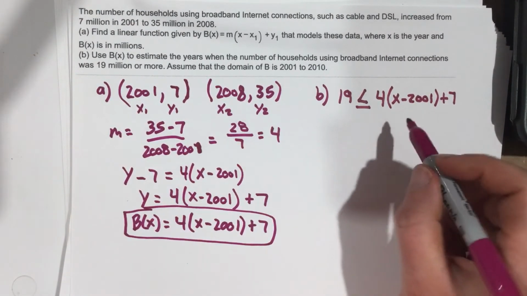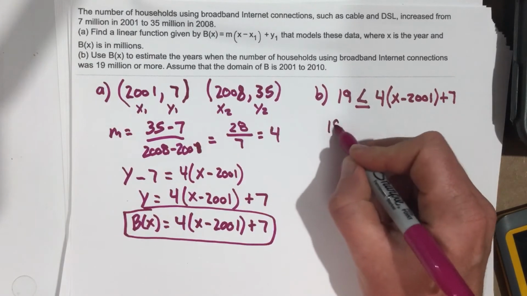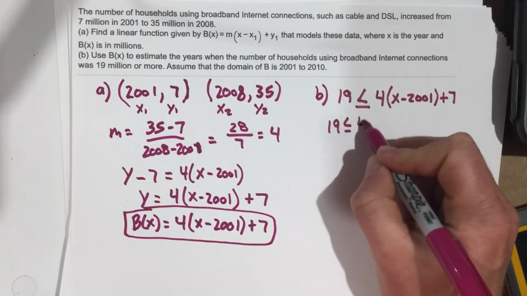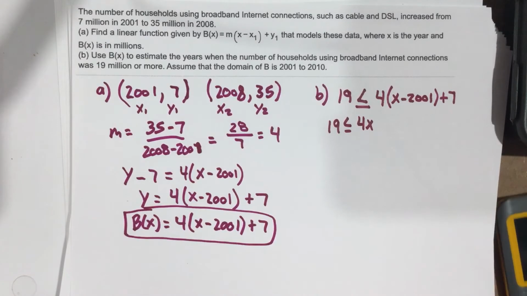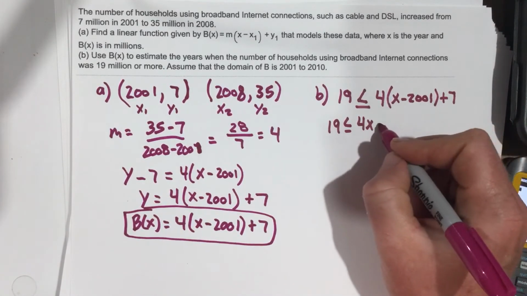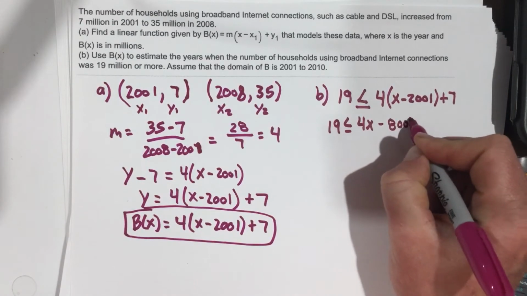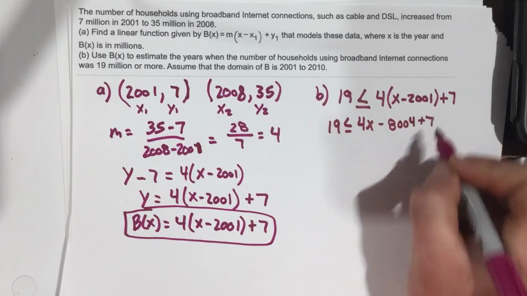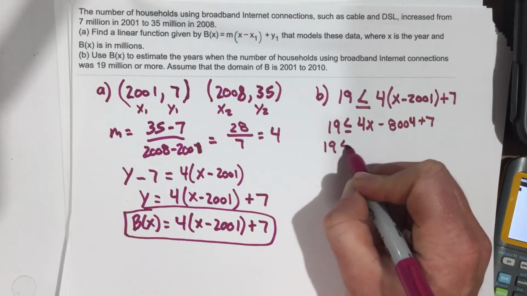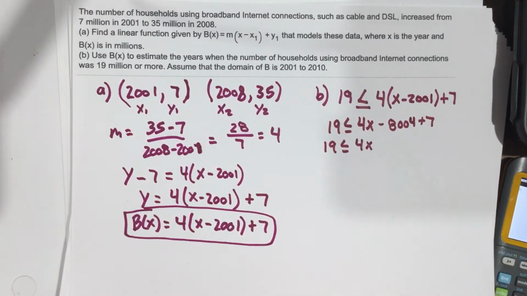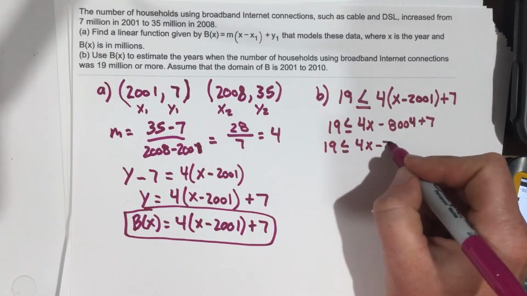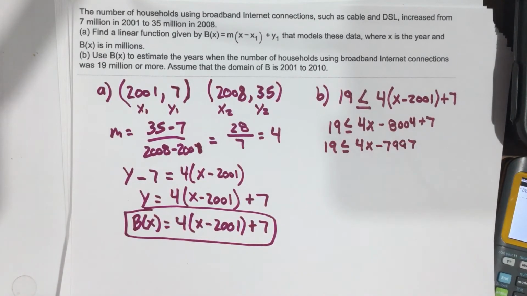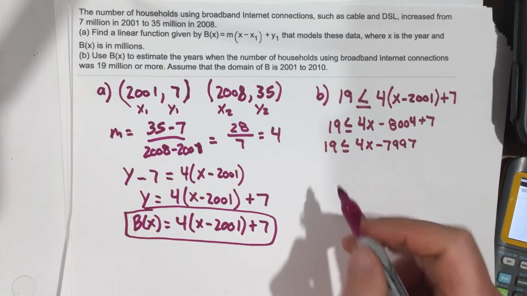Okay, now we can start to solve. Distribute. We get 19 less than or equal to 4x. 4 times 2001 would be 8,004. So minus 8,004 plus 7. So we have 19 less than or equal to 4x, so negative 8,004 plus 7, minus 7,997. We're going to add this over.